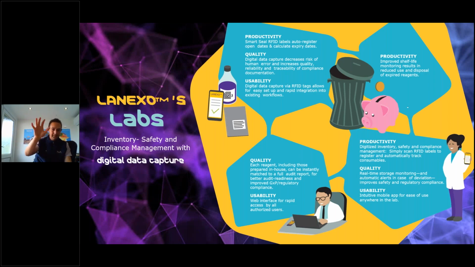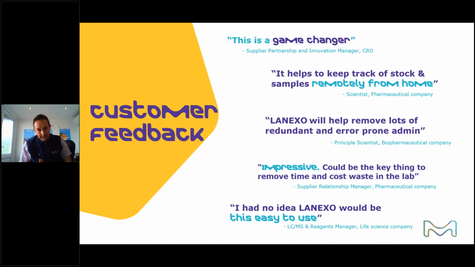They've got the label on the fridge, on the milk and on the cereals, and his 3-year-old uses Lanexo every day to manage the breakfast inventory. So in terms of usability, yes, it is usable, because a 3-year-old can find this intuitive enough to use. That's slightly biased feedback.